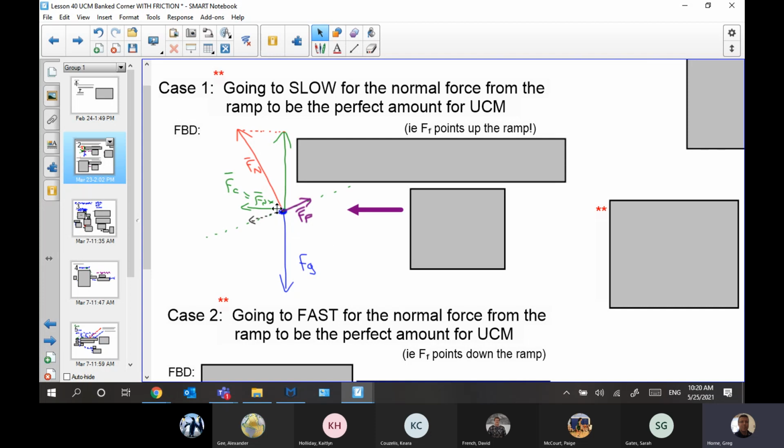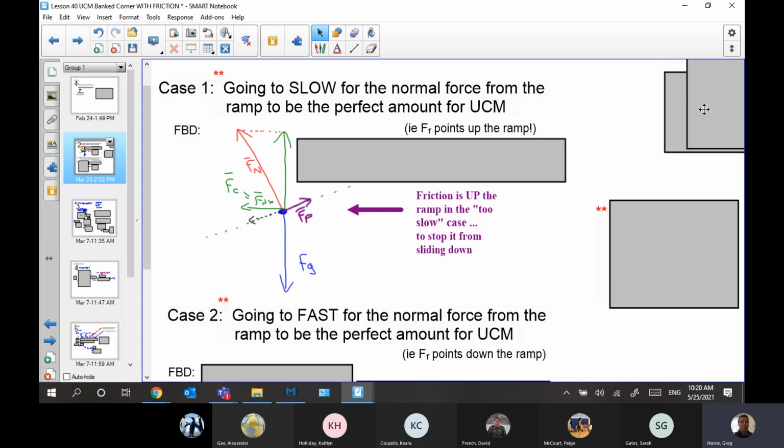So the new part is we have friction, right? Friction is up the ramp in the too slow case, stopping it from sliding down. We still have a gravity force, we still have a normal force, we still have a component of the normal force towards the center of the circle, and we still have a component of the normal force that's up, right?